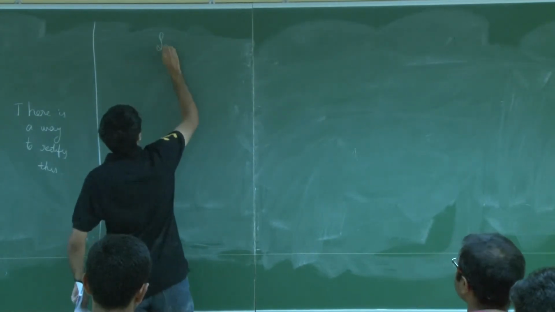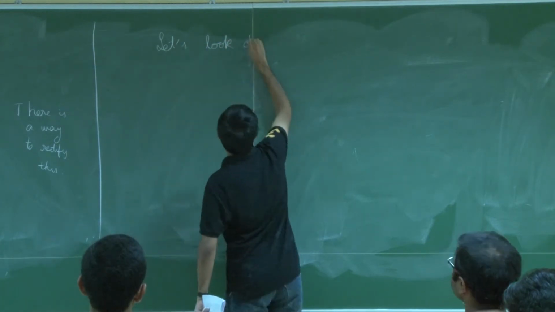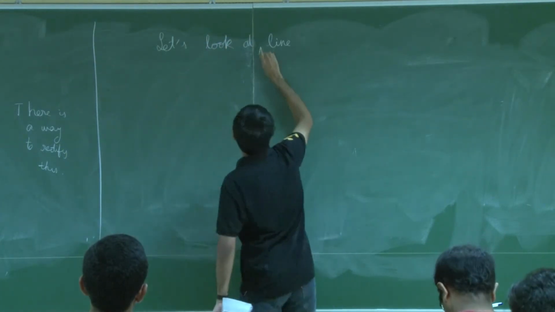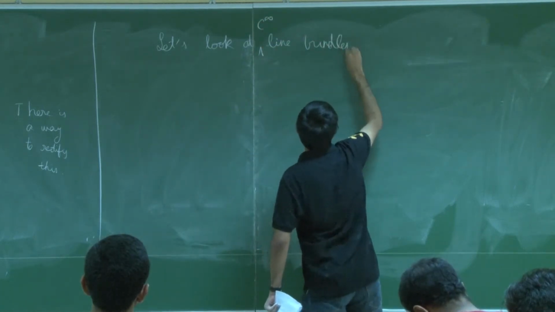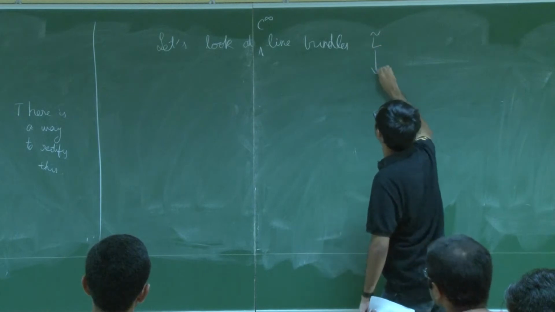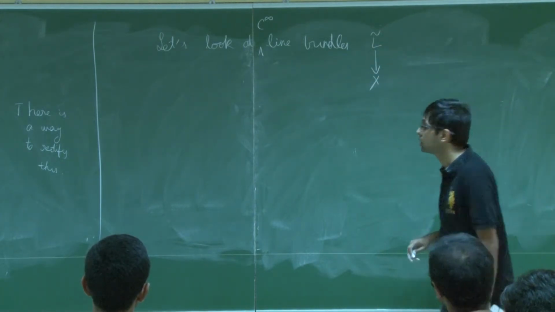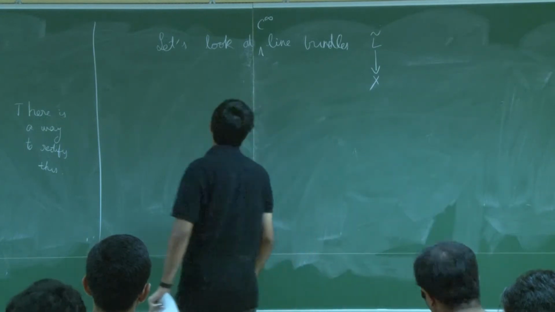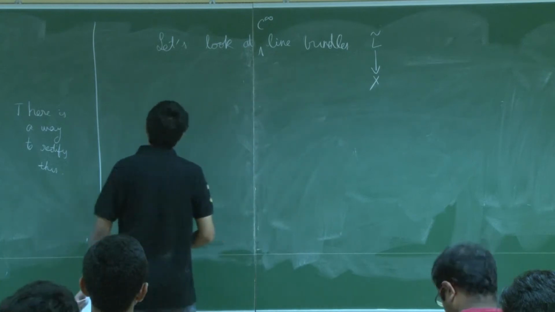Let's look at line bundles for now. Smooth line bundles. Let's call these L tilde just to remind ourselves that they are not necessarily holomorphic, just for psychology. So let's look at these.